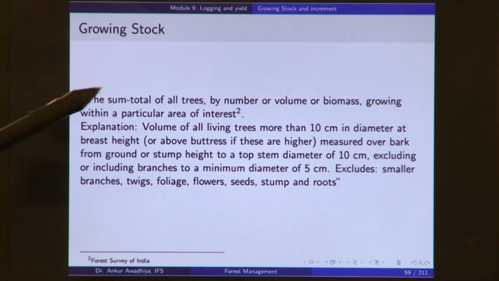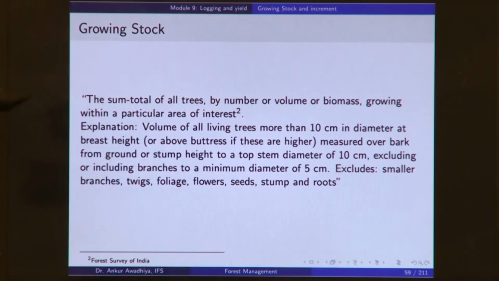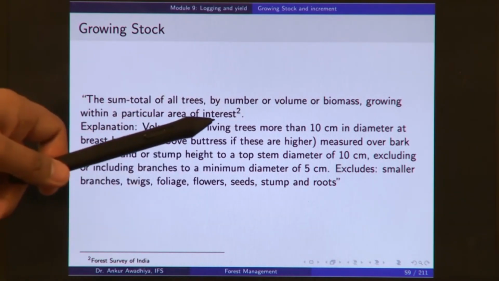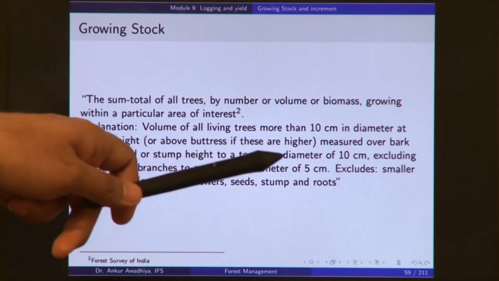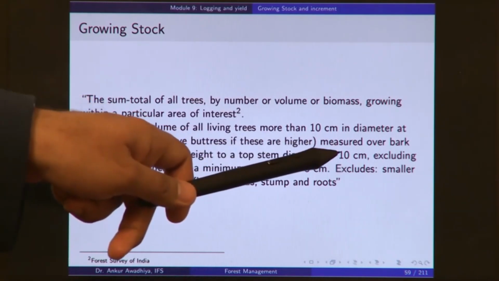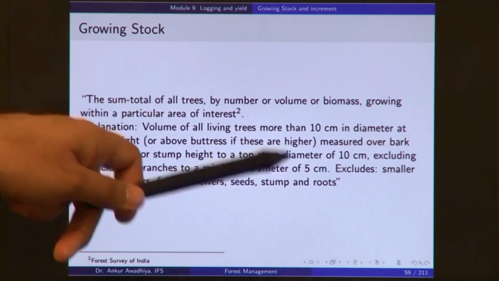So, you can do the growing stock computations in any of these formats, and here again the explanation is volume of all living trees more than 10 centimeter in diameter at the breast height or above the buttress, measured over bark from the ground or stump height to a top stem diameter of 10 centimeters, excluding or including branches to a minimum diameter of 5 centimeters.